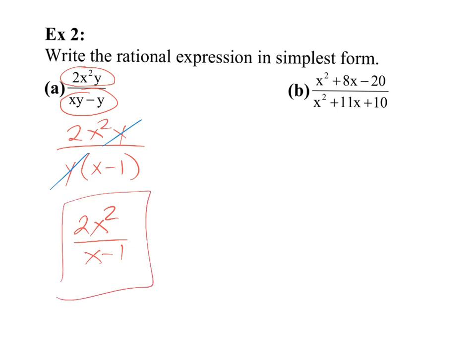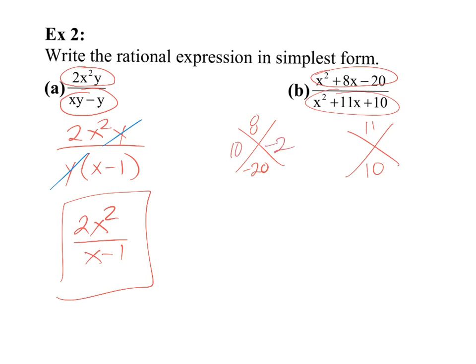Alright, going to the next problem, we're going to have to factor the numerator and the denominator. Alright, so for the numerator, I got to figure out two numbers that add up to 8, multiply to give me -20. And then two numbers that add up to 11, multiply to give me 10. So for the first one, we have 10 and -2. And for the second one, we have 1 and 10.